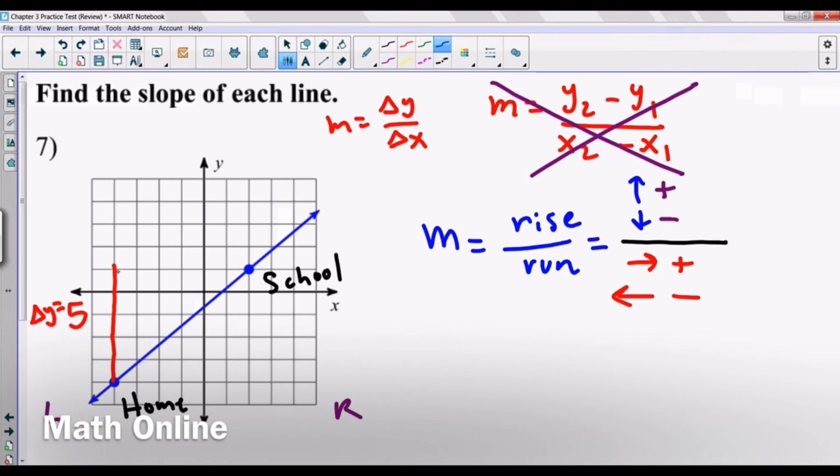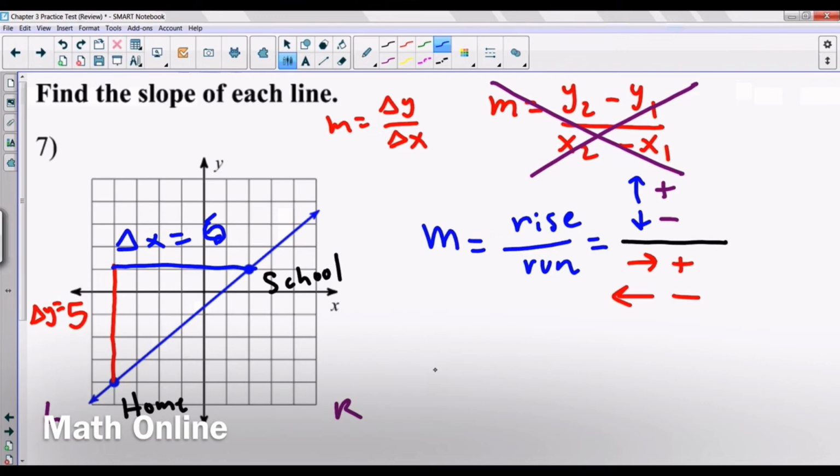How many grid lines? 1, 2, 3, 4, 5, 6. So delta x, or the run, is 6 units, okay? So that's pretty much how it works. Once you find the distance you're going to travel going up and the distance going to the right, then you would write the slope.